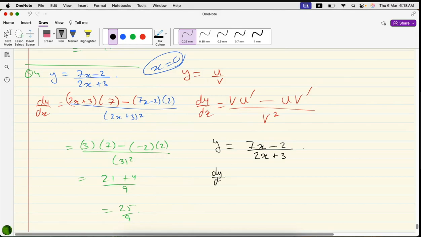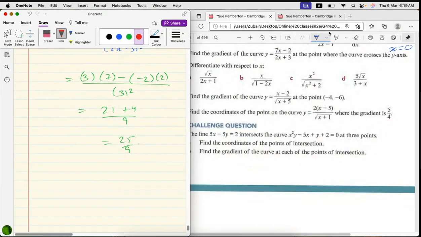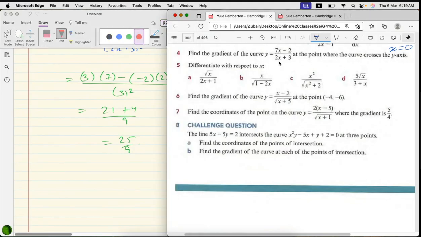So rechecking it quickly. This is V into differentiation of U minus U into differentiation of V over V squared. And we knew that we are working at x equals 0: find the gradient of the curve at the point where the curve crosses the y-axis, so x is 0.